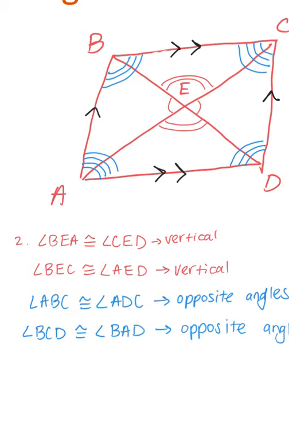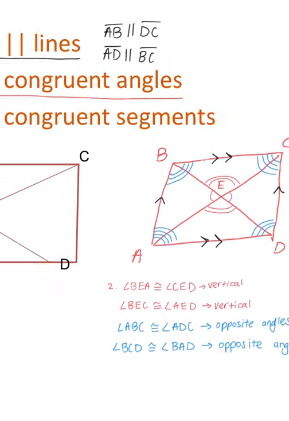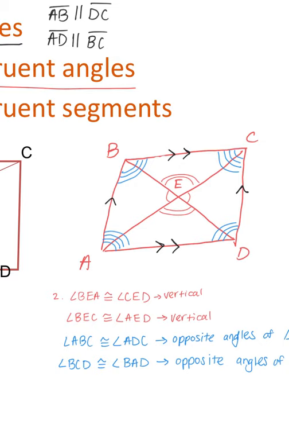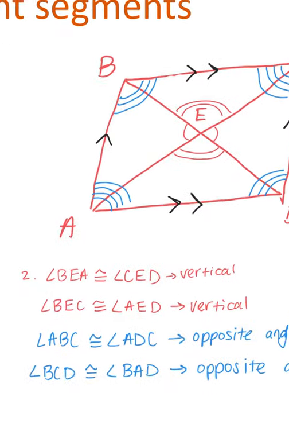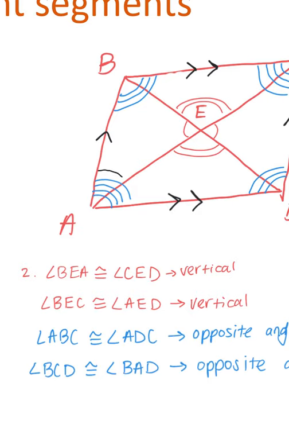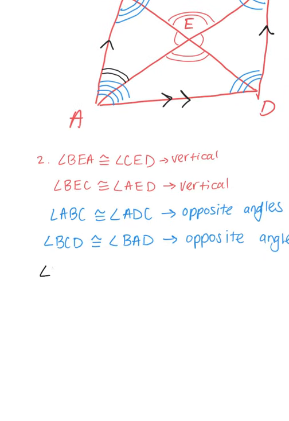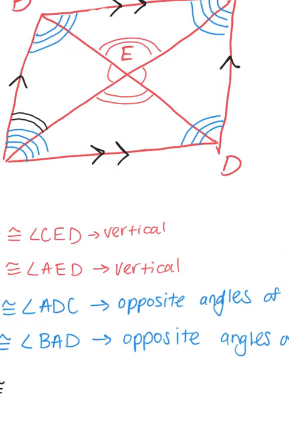Okay, guys, this is where it gets a little tricky. Can we go back to the answer for number 1 of this example? Okay, guys, let's say I give you angle BAE. It has to be congruent to another angle in this figure.